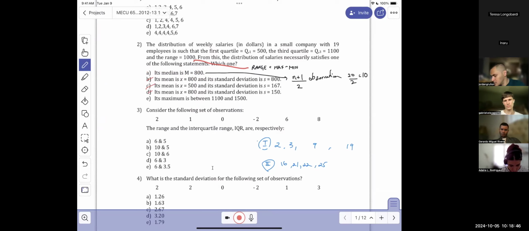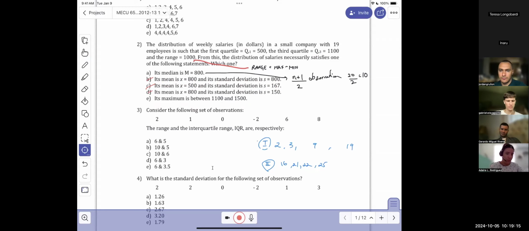No. So basically break down what you have and realize we don't have all the data to calculate these. We need every observation to get these. We can't even estimate it because we don't know. We just know elements of the 5-number summary. That's all we have. So by process of elimination, it's E.